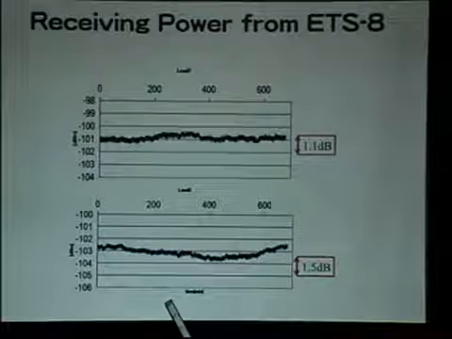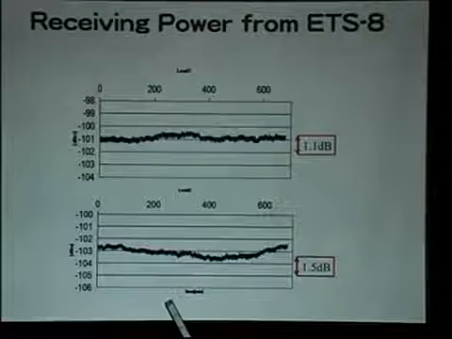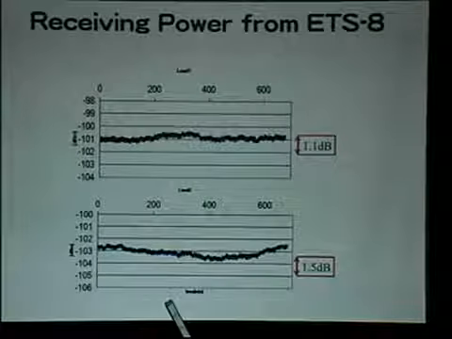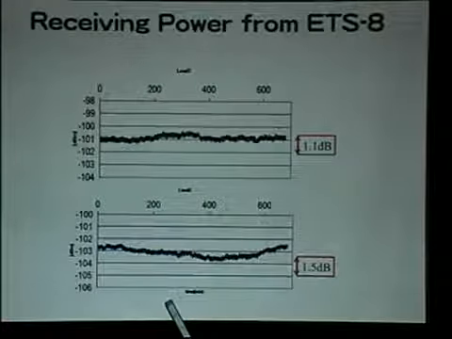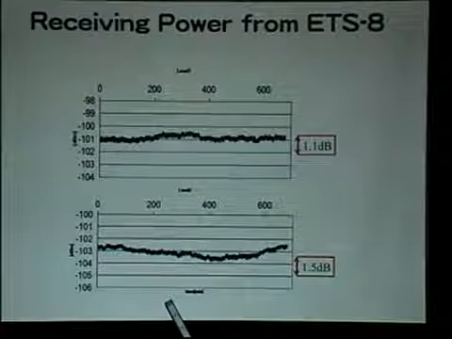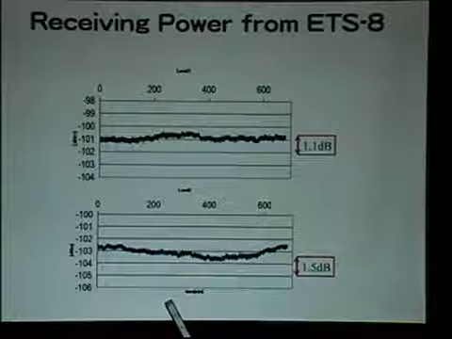But ETS-8 has a very big antenna, and it moves like this, shaking. Maybe this small variation depends on the changing shape of the transmitting antenna.